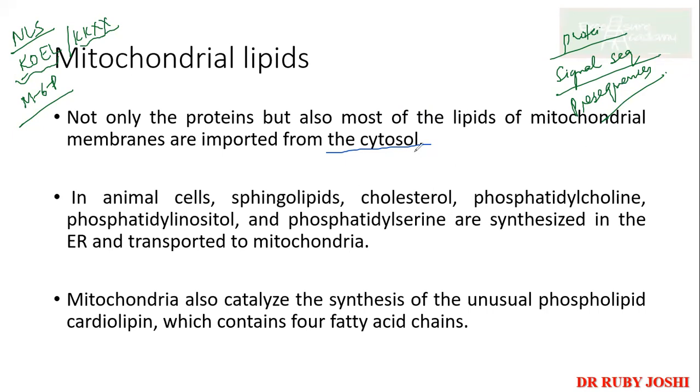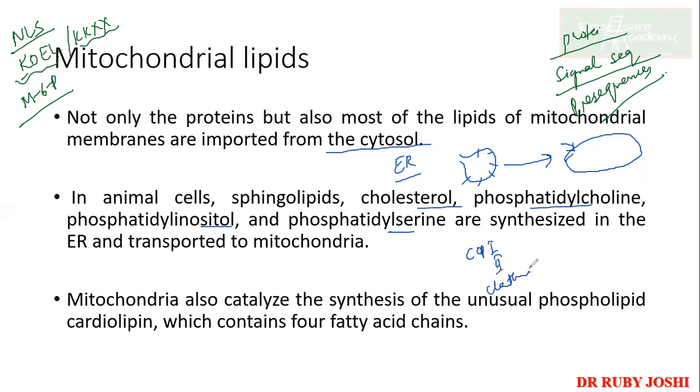If you remember, in the ER, when the synthesis happens, a vesicle forms. This vesicle will be carrying all the cholesterol, choline, serine, inositol. Now this will go to the mitochondria and fuse over here. We have seen how the vesicles are formed with the help of COP1, 2 and clathrin, right?